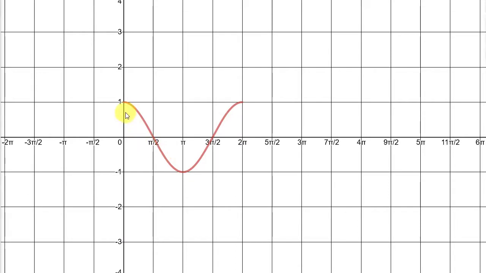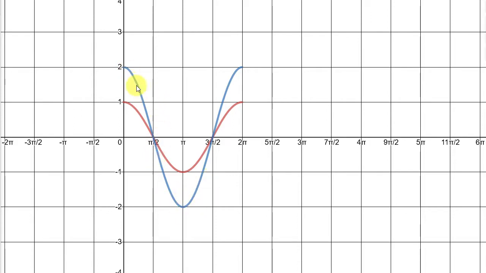So this is once again the graph of the original cosine of x, and the graph of the function 2 cosine of x is going to be the curve in blue. The red curve is for the original cosine, and the blue curve is positive 2 cosine of x.